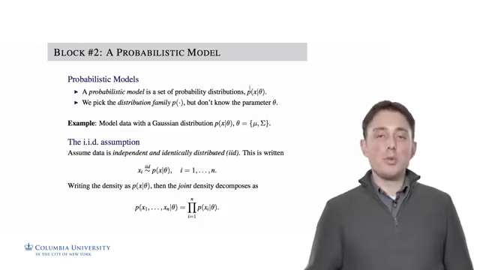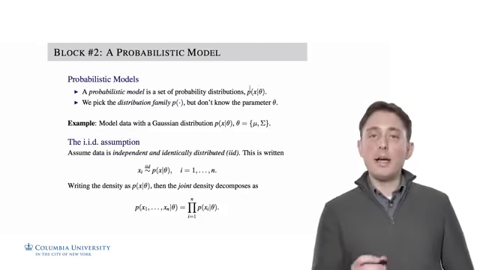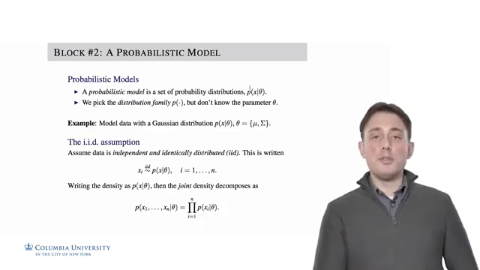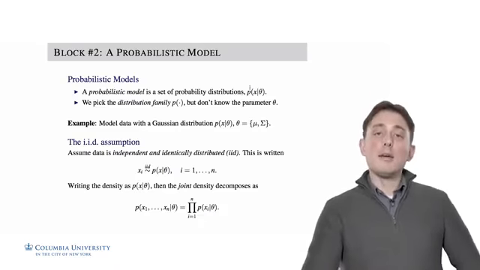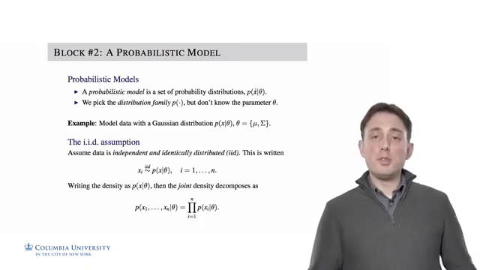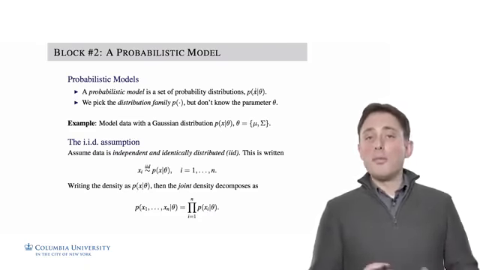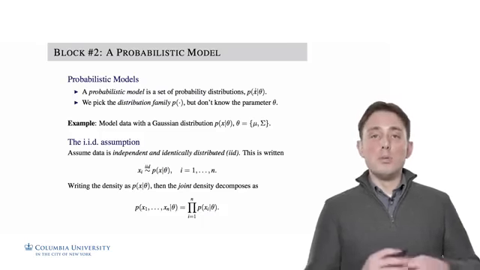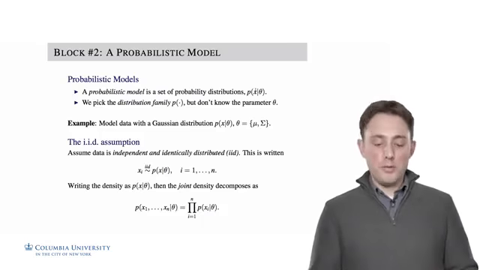So by this definition, we haven't actually defined the final distribution. We've defined a distribution family, meaning this probability distribution can take many different values for theta, and no matter what value we set theta to, we're always working within the same distribution family.